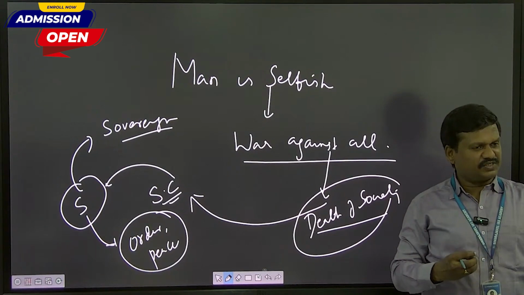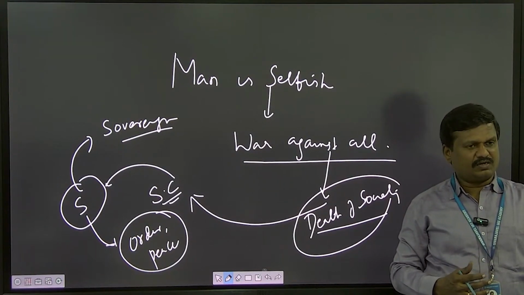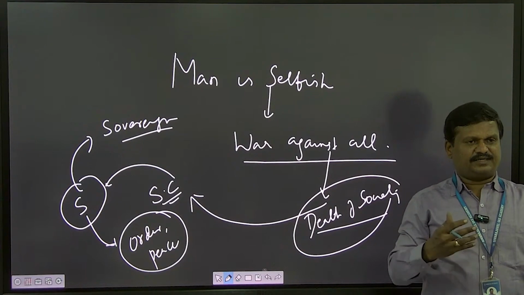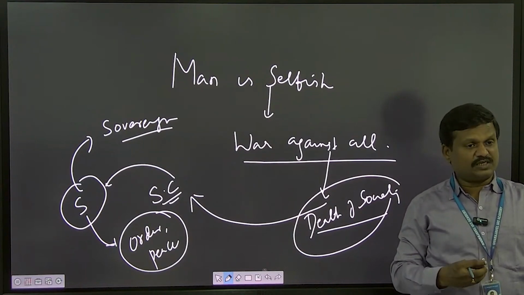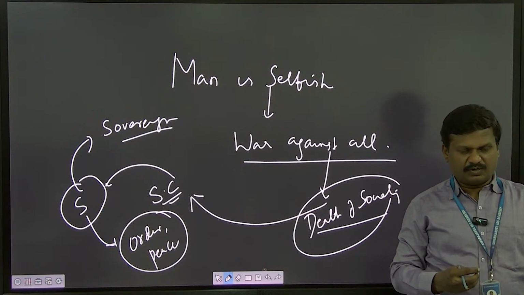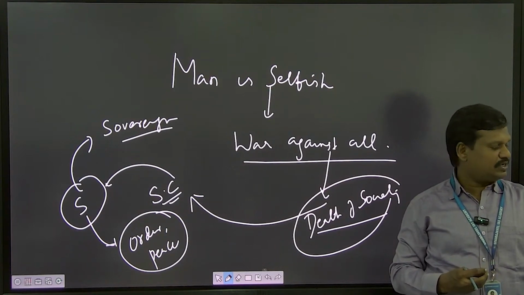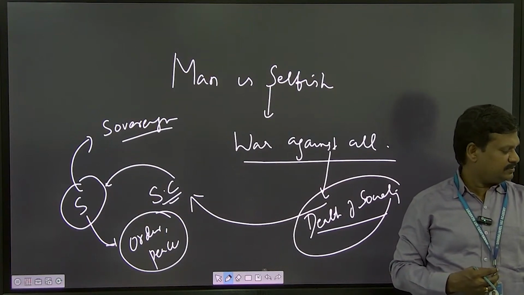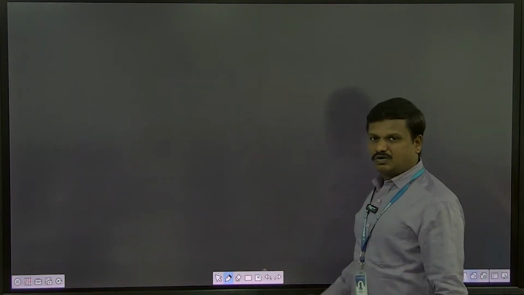Because of the selfish nature of man, there is a need for a state, according to Thomas Hobbes. So, sociology of state should be attributed to the writing of Thomas Hobbes, and the theory is called a social contract theory. So, this is what is called a state.